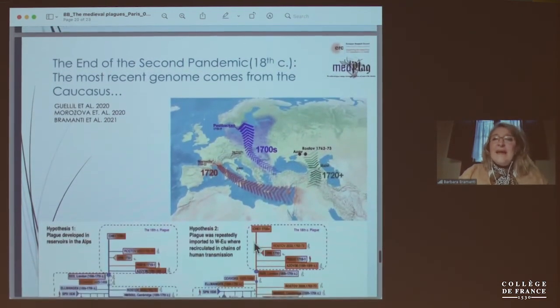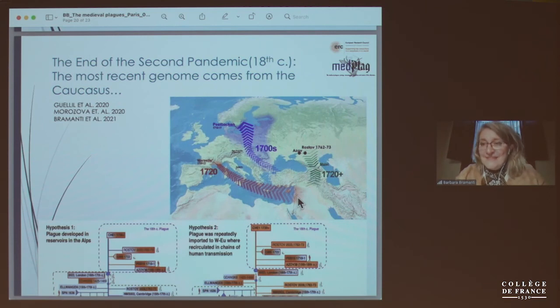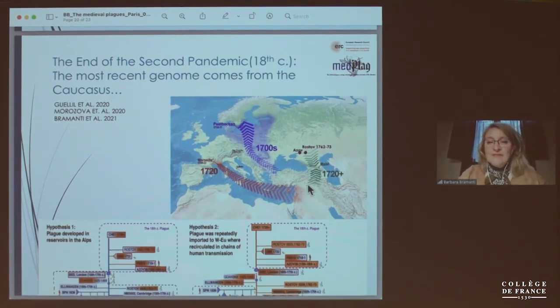As for the end of the second pandemic, we have, of course, much more information, also historical information. For instance, the plague of Marseille is well known to have been imported from a ship, the Saint Antoine, which at least was in Syria. We don't know the region.